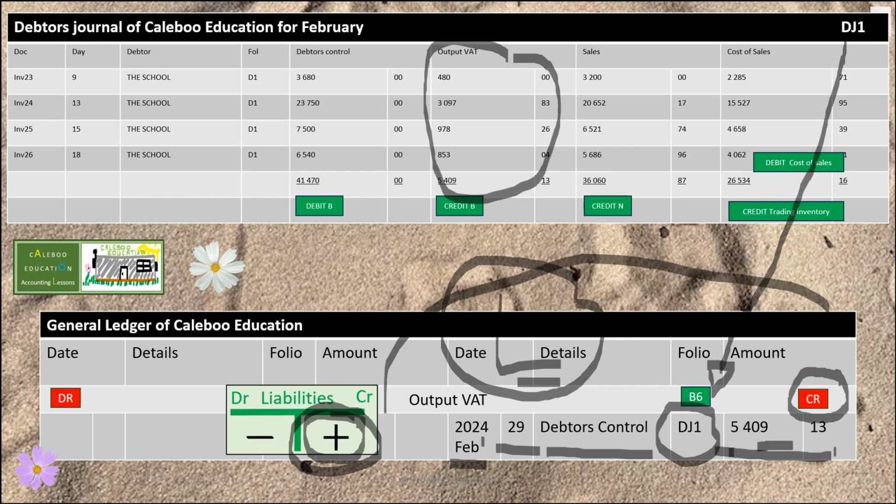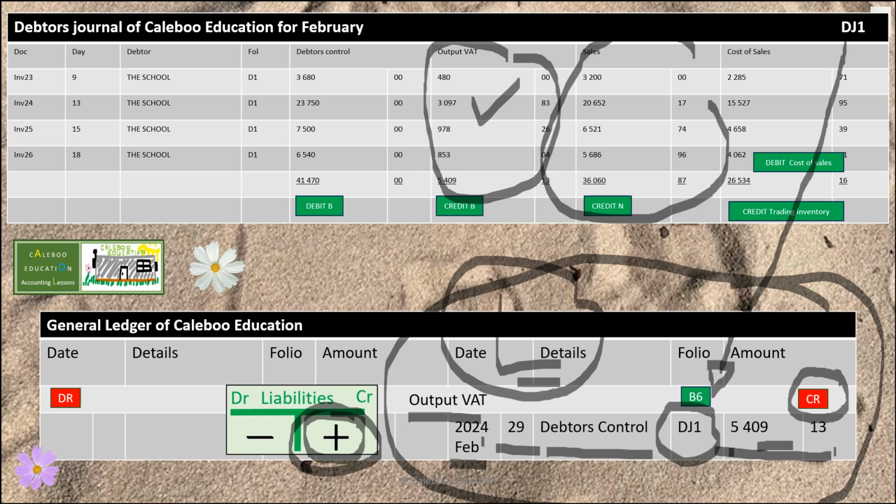The entry was put on the credit side. Why? The output VAT liability increased due to the fact that we made sales. So there you go. There's another account done in the general ledger. All we have to do to finish posting to the general ledger is the sales column.